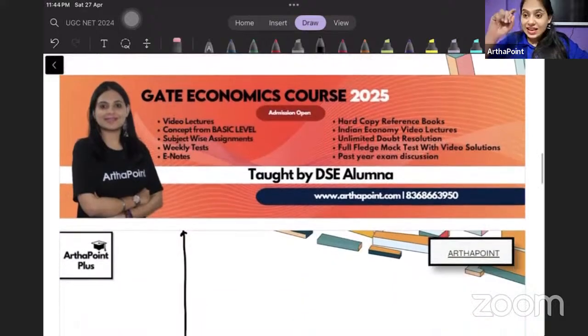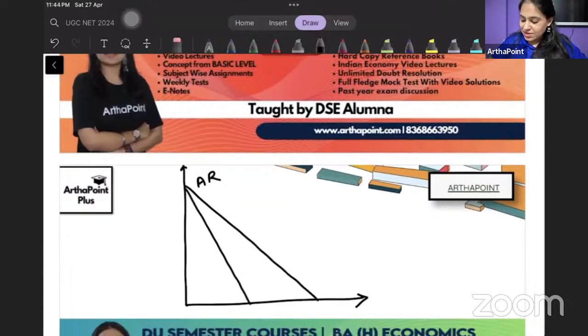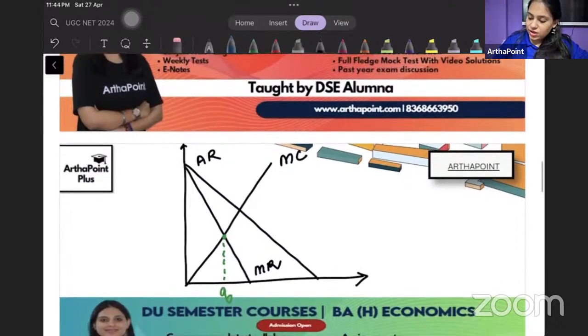So each word has a meaning. So this will be here, this will be my AR curve and my MR curve will be here. And then this will be my MC. MC is equal to MR here. And this will be going up. And this will be my price.